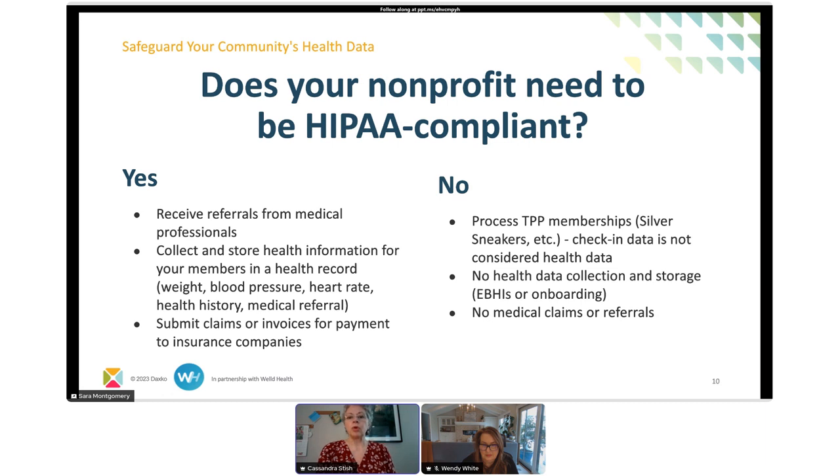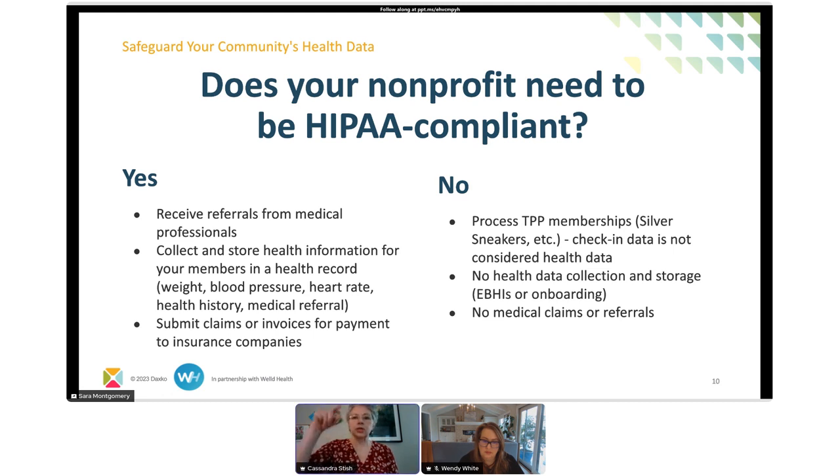No, if you are processing only third-party payer memberships, so if you're doing insurance-based reimbursements for memberships, those don't count, okay? There was an actual exclusion written by the lawmakers that said, we don't think check-in data is HIPAA data, mainly because you're not using the health insurance policy ID to track that person.